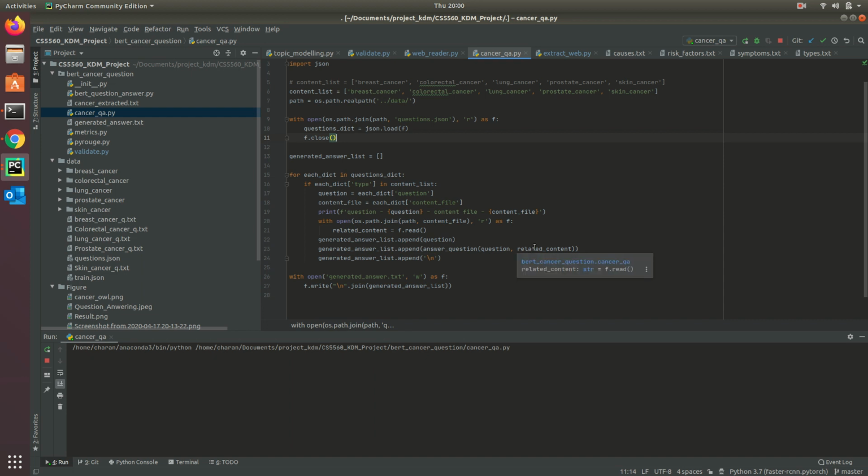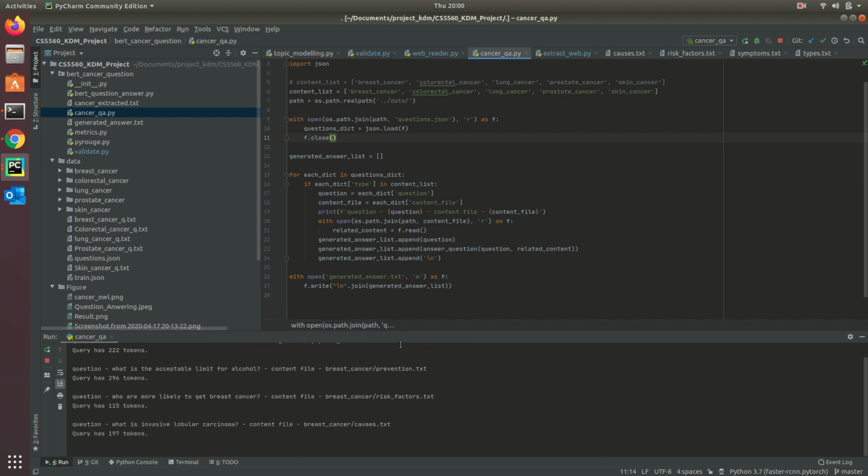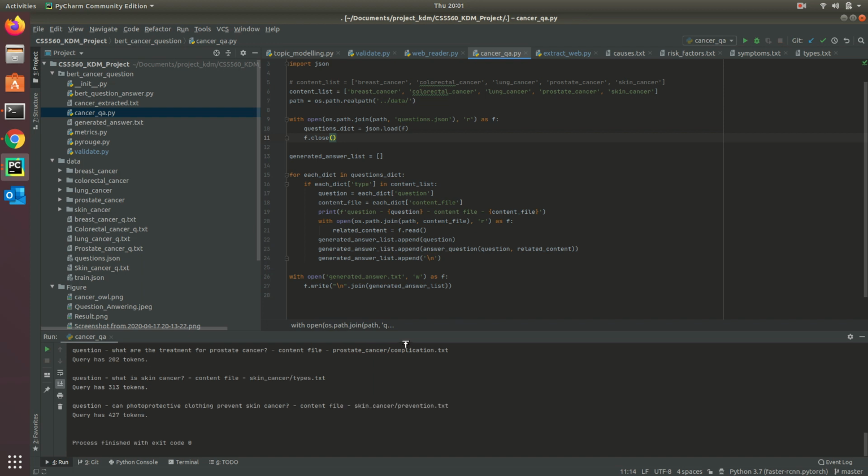Again, this being a huge model, we would need some time for it to process on the local system. Once it is complete, we would have to go and check the generated file.